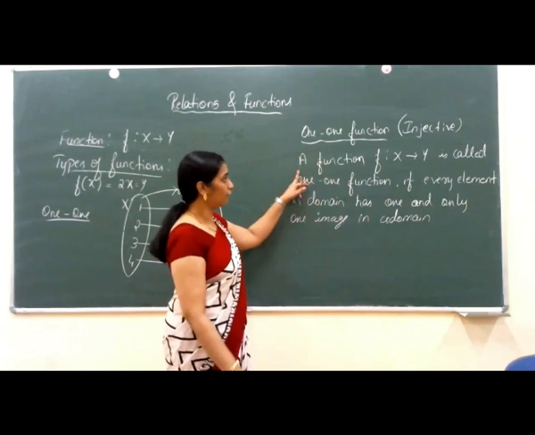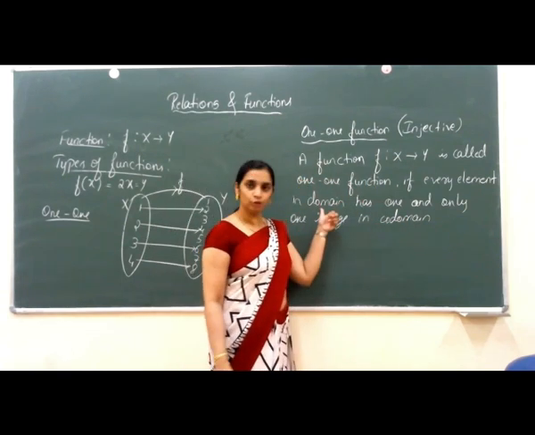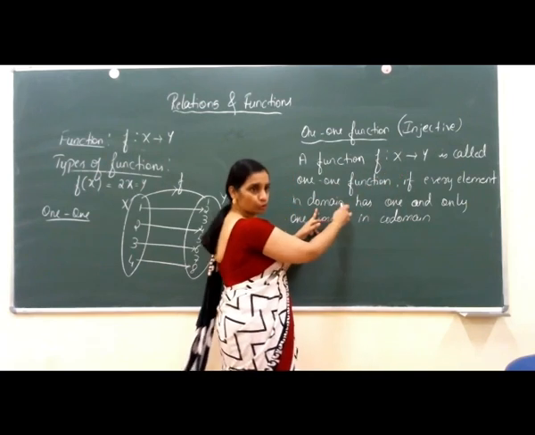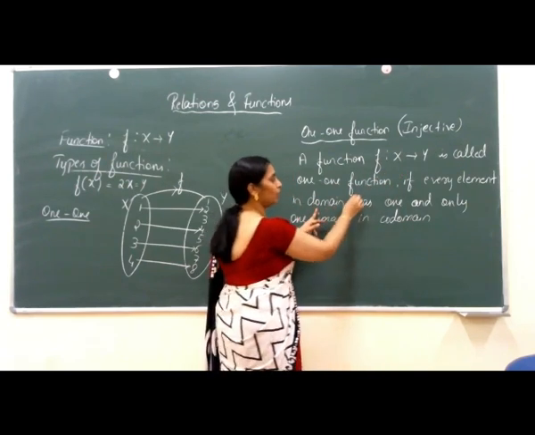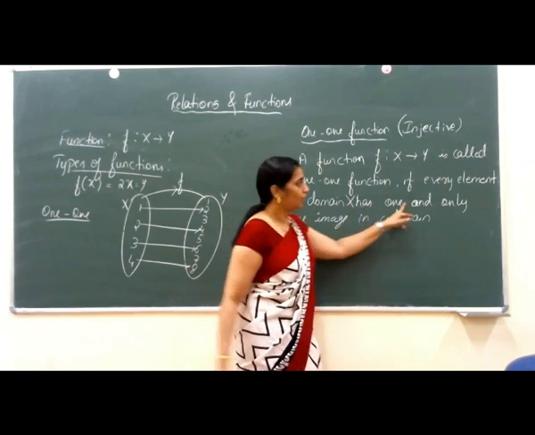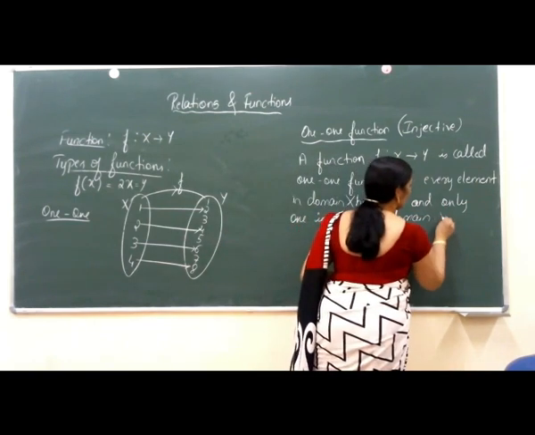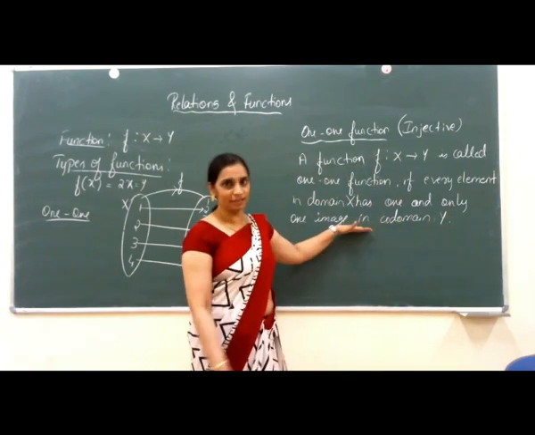Every element in domain, here domain is nothing but X, so here we may also write every element in domain X has one and only one image in codomain Y. This is the definition.